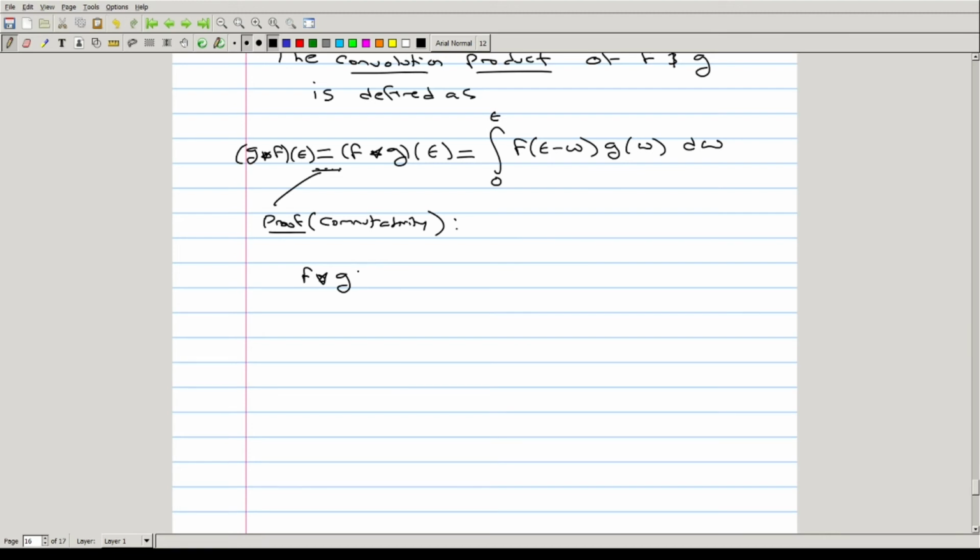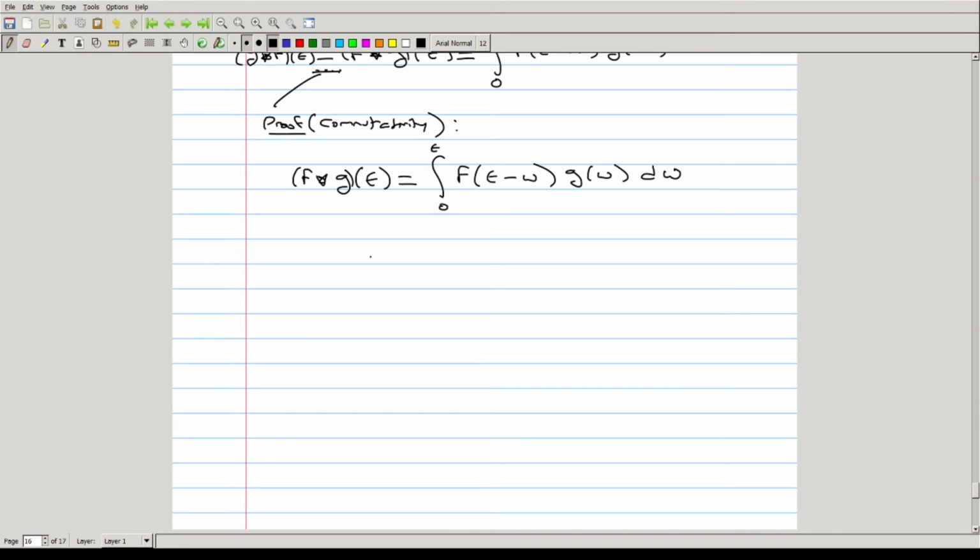We have that f convolved with g, and we sometimes say f convolved with g or g convolved with f, is the integral from 0 to t of the function f of t minus w times g of w, with respect to w.